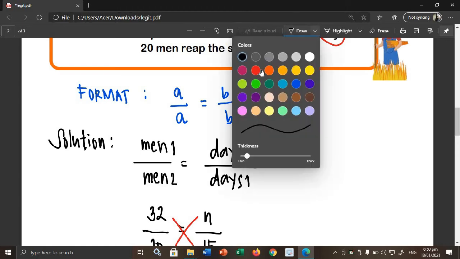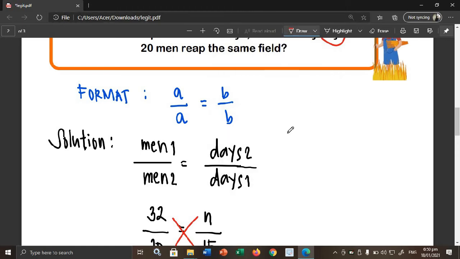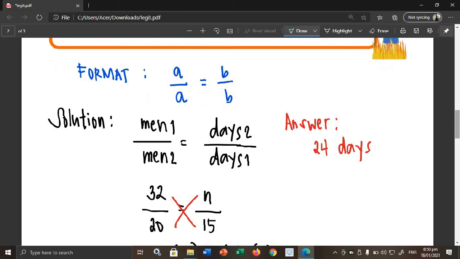So, i-write ko yung answer dito. Ang answer natin is 24 days. So, it will take 24 days if 20 men will reap the same field. Okay? And then, for you to be able to understand or much understand indirect proportion, so, rewrite natin yung given.